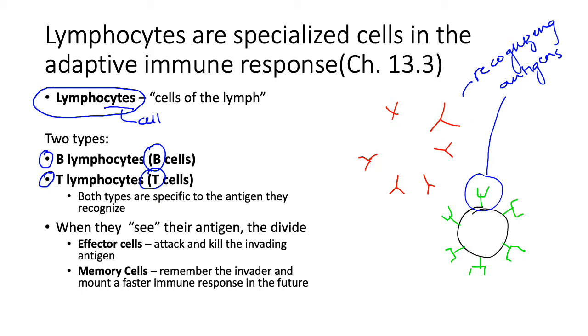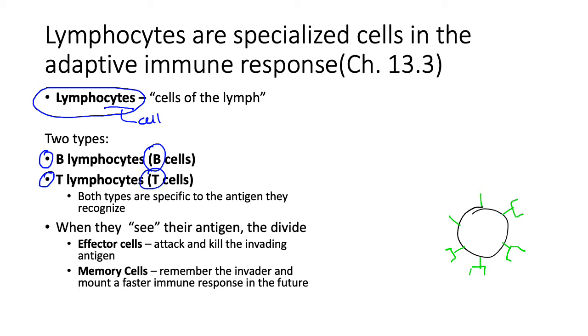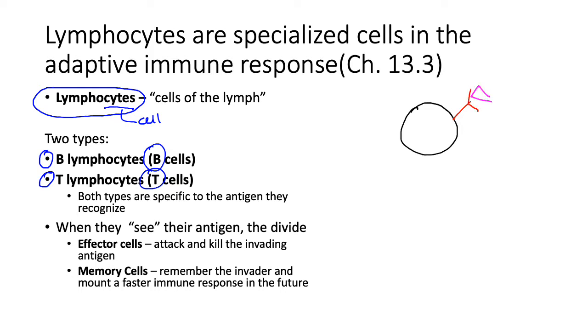I'm going to erase my picture here really quick so that I can draw another. Let's imagine that we have our B cell here, and it has a red triangular receptor to an antigen that's sitting on a bacteria, and we'll make it look like a mean bacteria, right?